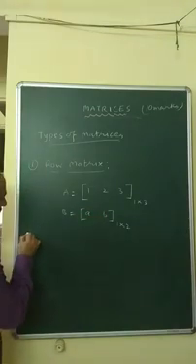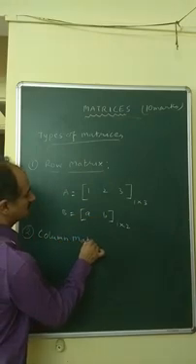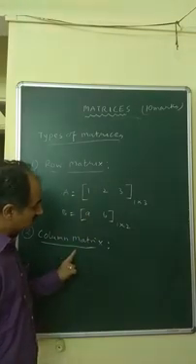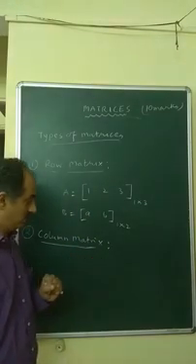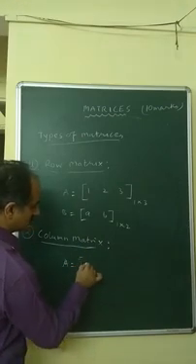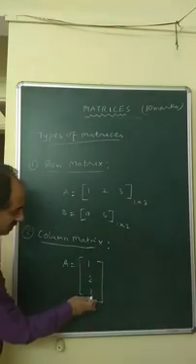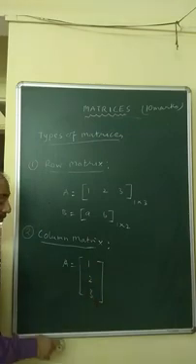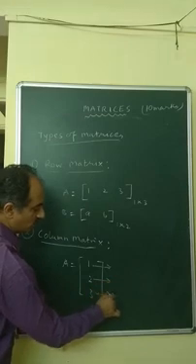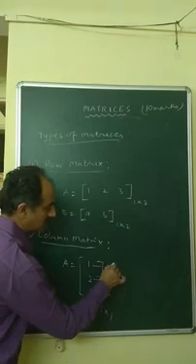Now next one is column matrix. Matrix which consists of only 1 column. Example: [1; 2; 3], a column matrix. Very easy, only 1 column. But how many rows are there? Row 1, row 2, row 3. 3 rows and 1 column, 3 cross 1.